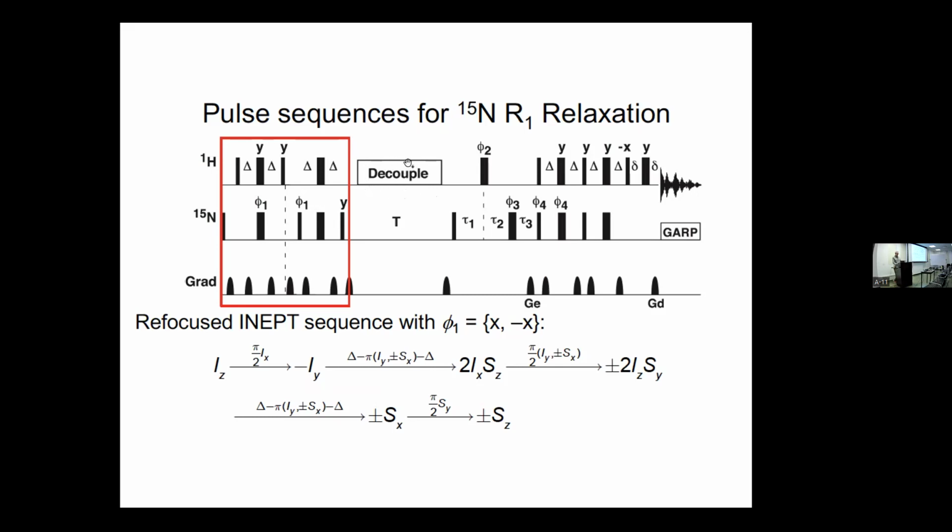Or you could turn on a series of 180-degree pulses. And for a while, they all seemed like they basically did the same thing. And then Fabian Farage showed that it was slightly better to do a string of 180-degree pulses that were separated by 1 over J, the J coupling. So it's mostly done that way now. Even though it says decouple, inside of this would really be a train of 180-degree pulses tuned to the scalar coupling.